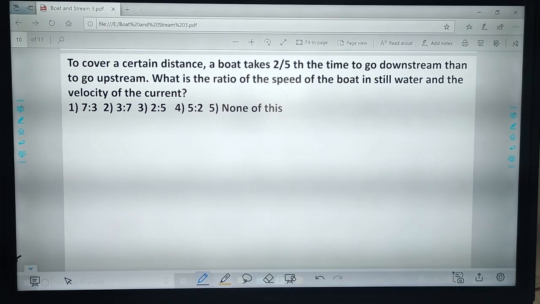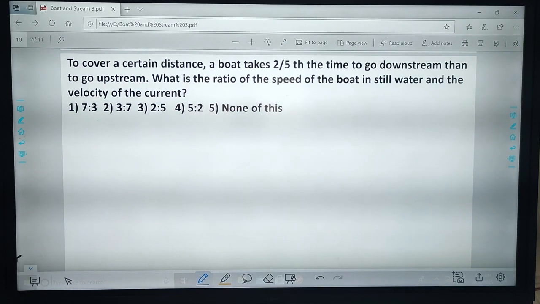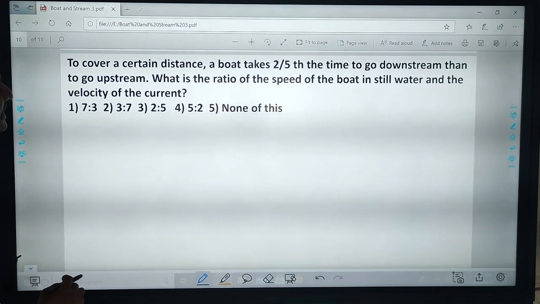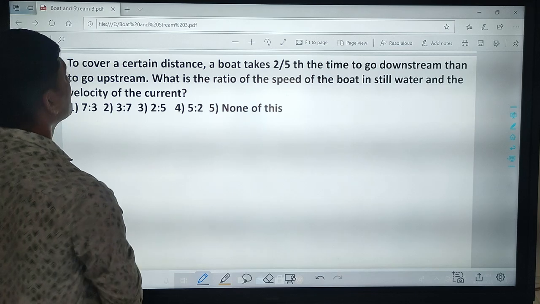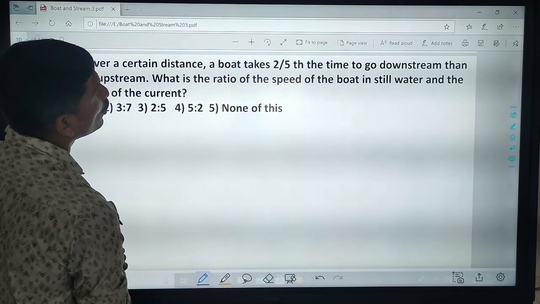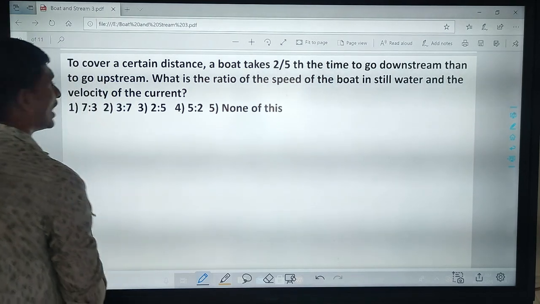To cover a certain distance, a boat takes 2/5 the time to go downstream than to go upstream. What is the ratio of the speed of the boat in still water to the velocity of current? Here the boat takes 2/5 time to go downstream than to go upstream.